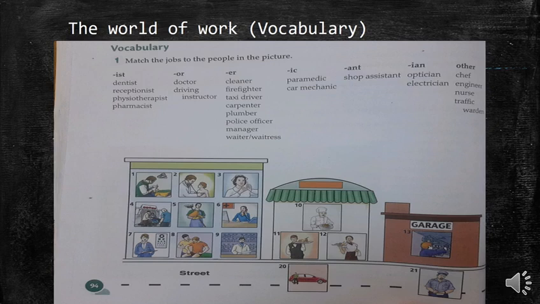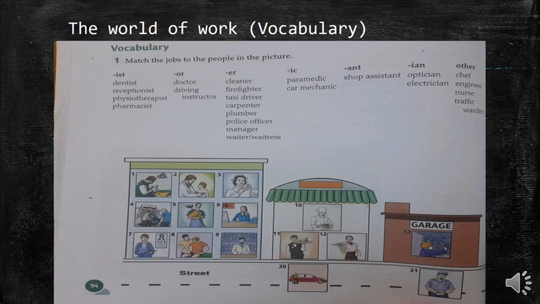To start with the first one, it's the word physiotherapist. A physiotherapist is a person who heals the body through physical methods like exercises or doing a massage. Then we have another word, which is the word paramedic.